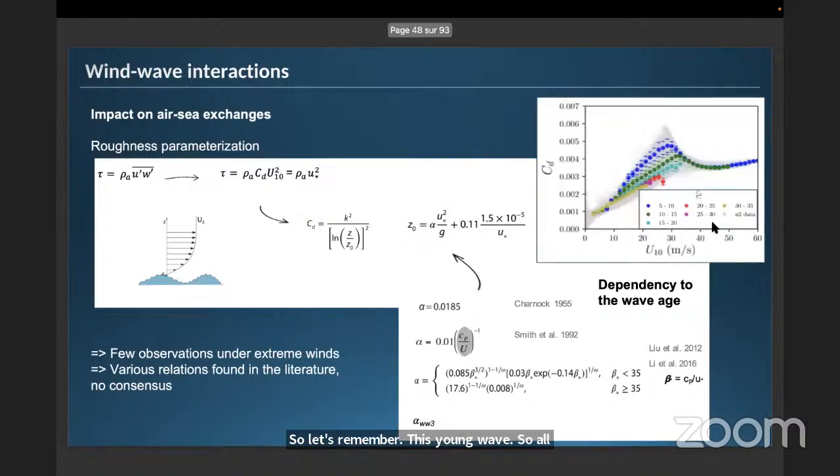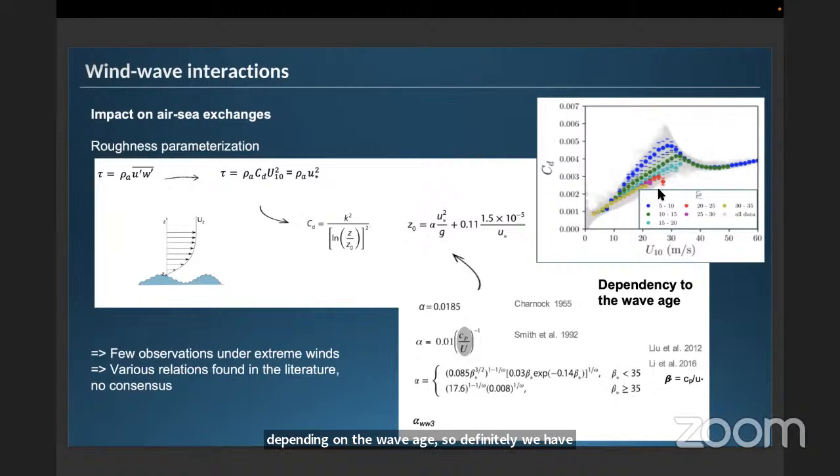If we look at this drag coefficient computed, for example, in a wave-resolving simulation here, all the gray points are the various drag coefficients that we have at the different points of the simulation. And we can see that we have a spread. And if we compute in color the average by wave age category, which are these different colors, we can see that we can indeed have different slopes of this drag coefficient depending on the wave age. So definitely we have something to improve there.